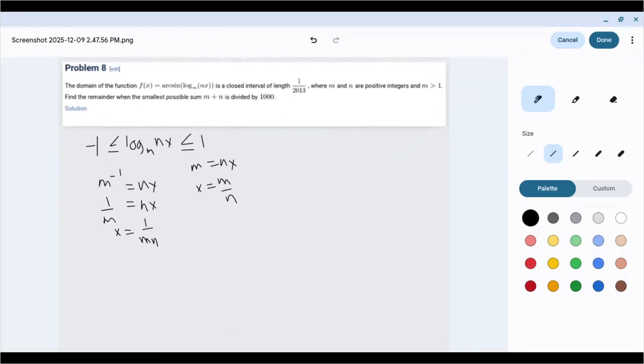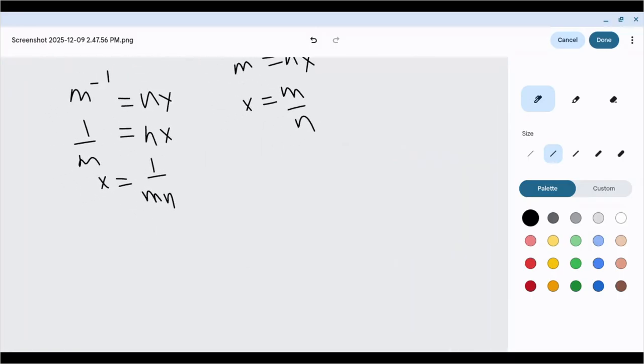And so we just found the extreme points for the domain in terms of m and n. We know that the length is 1 over 2013, so when we subtract them, we should get 1 over 2013. So m over n minus 1 over mn is equal to 1 over 2013.